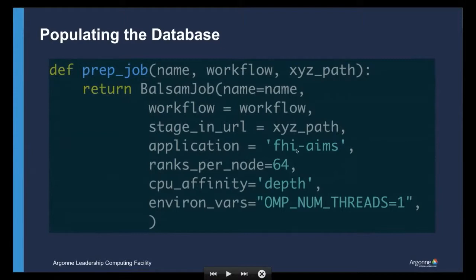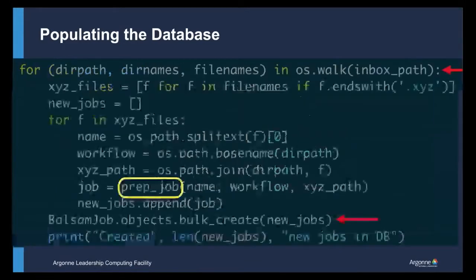This example is from a chemistry workflow where we're running the FHI-aims simulation code. We're running on one node and just 64 ranks per node. The one is understood as a default argument. And then we're using the cc depth flag here with CPU affinity and turning off OpenMP threading by setting this environment variable explicitly. That's the way that you can set jobs up.